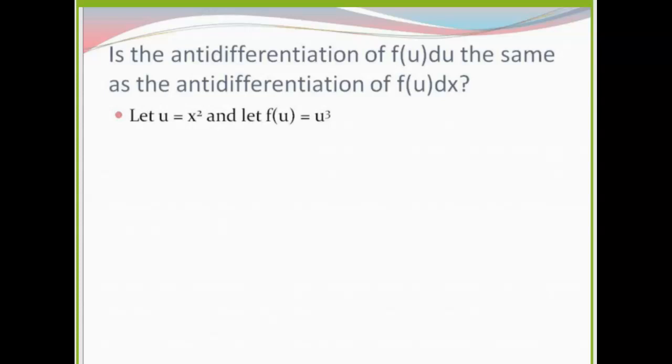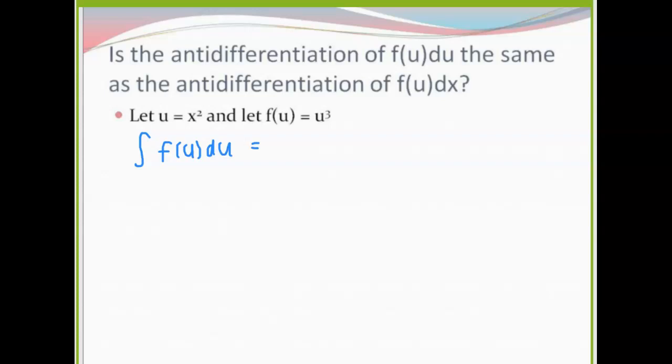So in the past, we talked about how the variable of integration needs to match the variable within your problem. So what we're going to look at is two examples. We're going to look at an example where we take the integral of f of u du. So f of u is u cubed.